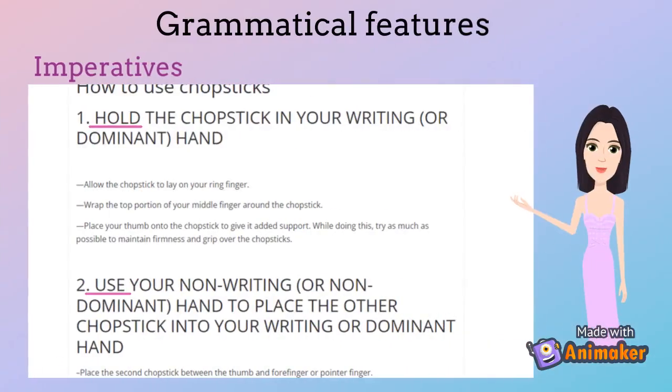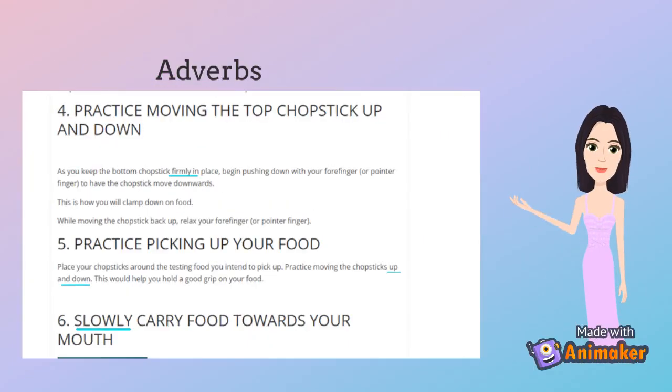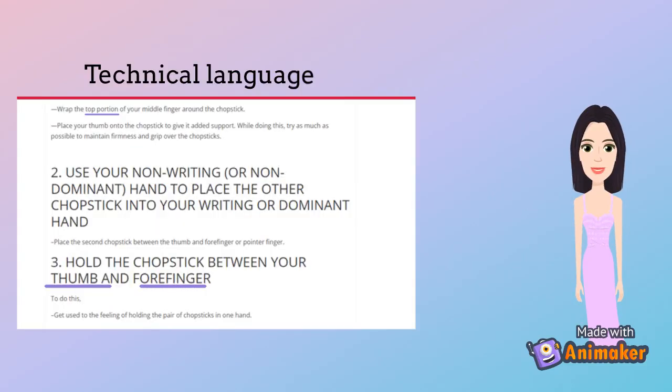The most relevant ones that appeared in this guide of how to use chopsticks are the use of imperatives, as we can see in the beginning of each sentence, the use of adverbs, like we can appreciate in these examples, and the use of technical language, such as the names of each part of the finger or the action of grab.